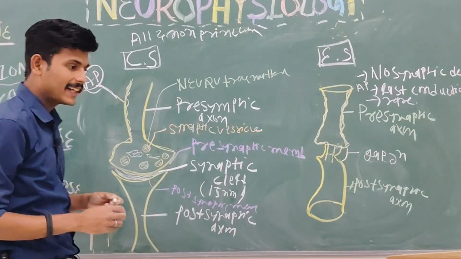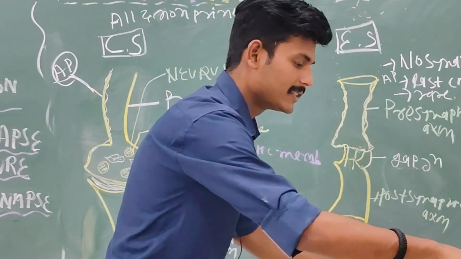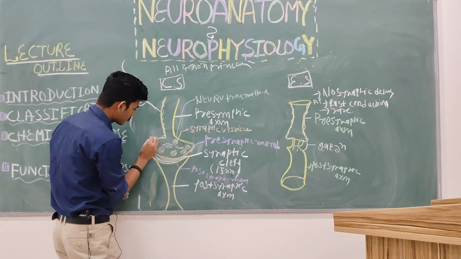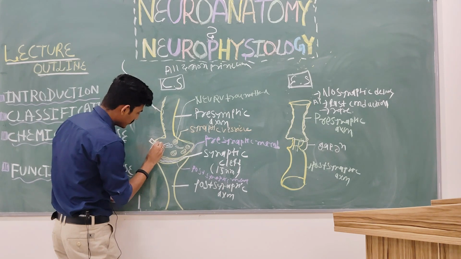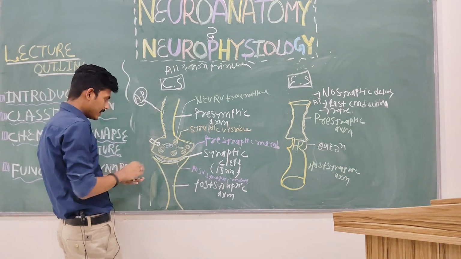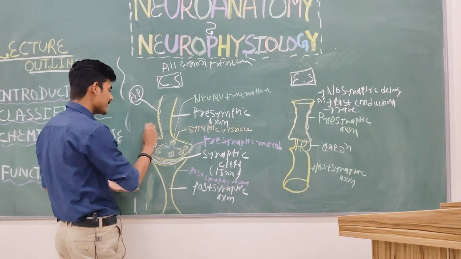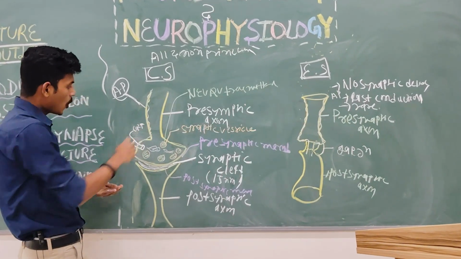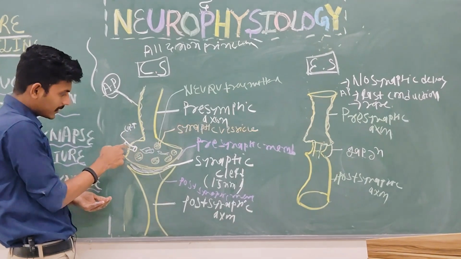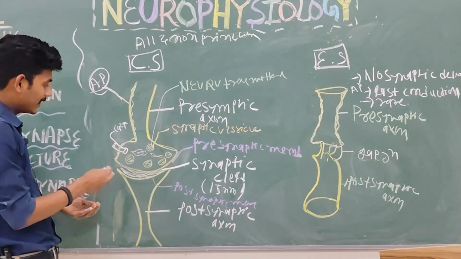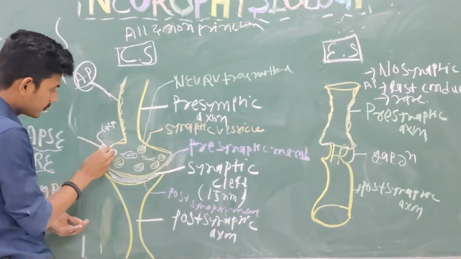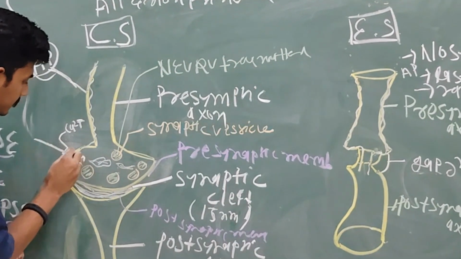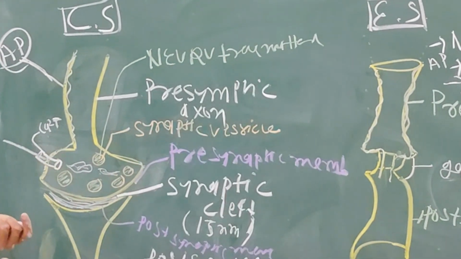When it comes, there are channels, and these channels which I have drawn are called calcium channels. When the action potential stimulates these channels, there is an influx of calcium ions inside the axonal ending.